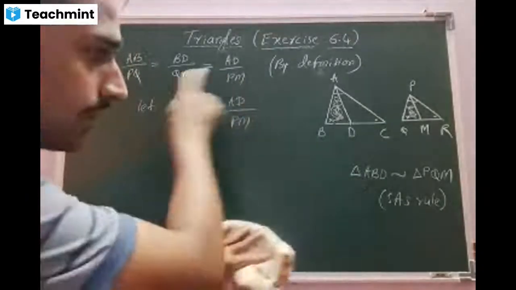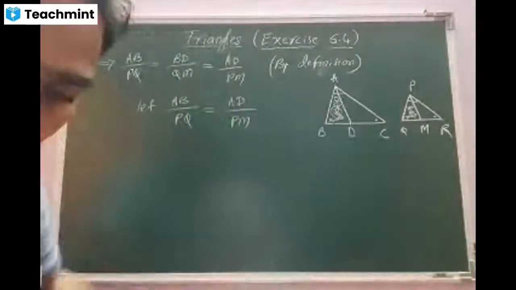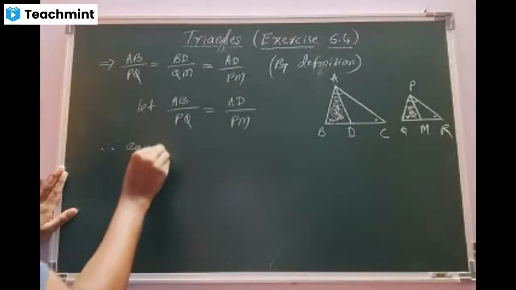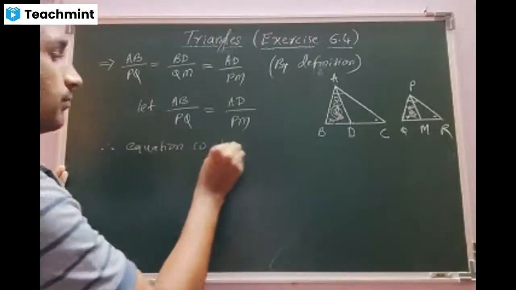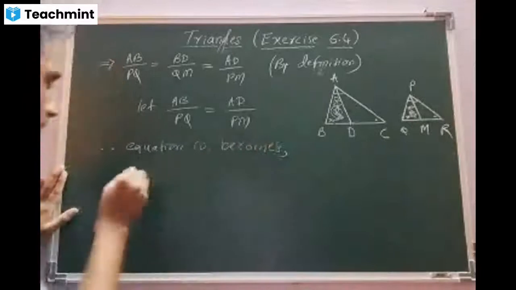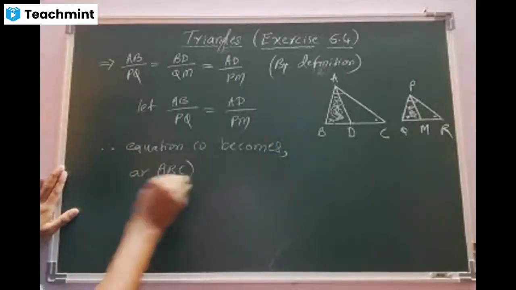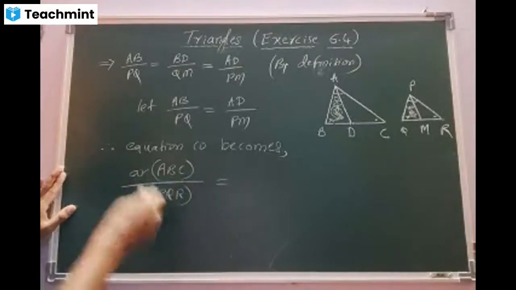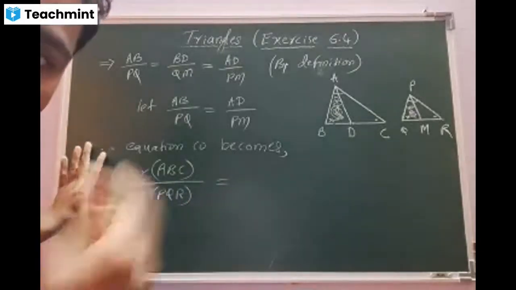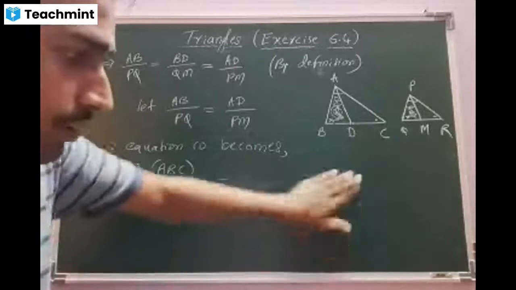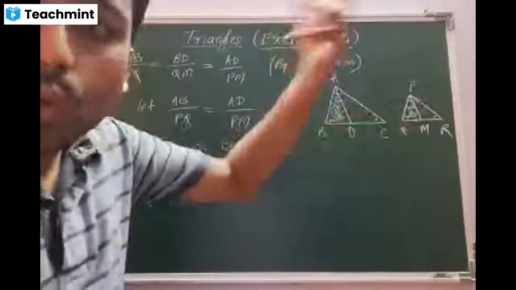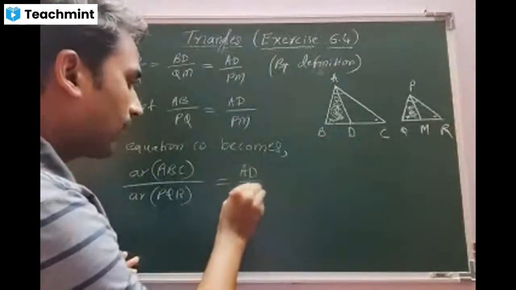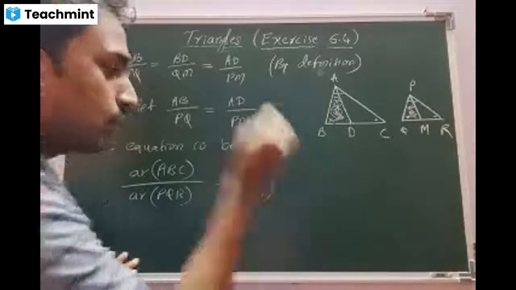If I use this answer in the first equation, what will be equation 1, beta? Therefore, equation 1 becomes area of ABC by area of PQR is equal to AD square by PM square. Equation 1, beta, look at that. We have got AB by PQ the whole square. Now, AB by PQ is nothing but AD by PM. Am I right? The whole square.